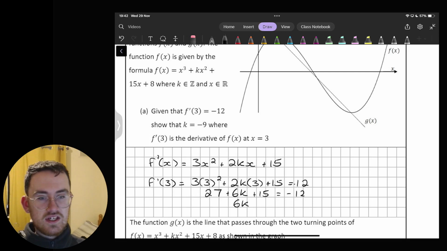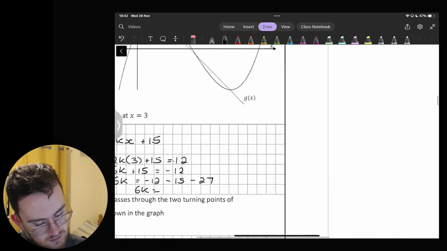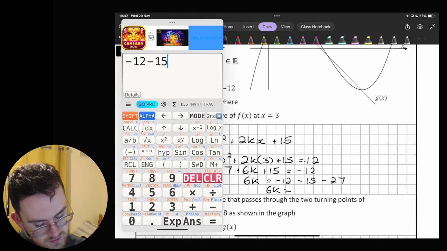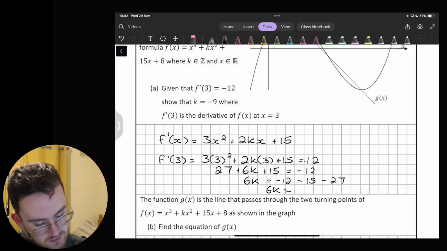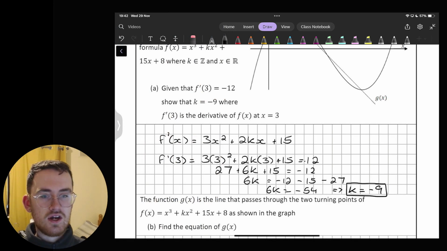So 6k equals minus 12, minus 15, minus 27, which means 6k equals minus 54, which means that k is equal to minus 9, as expected, as dictated by the question there.